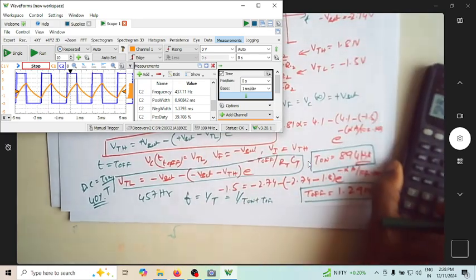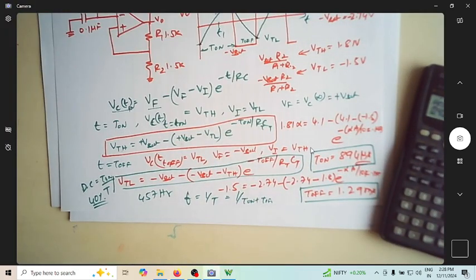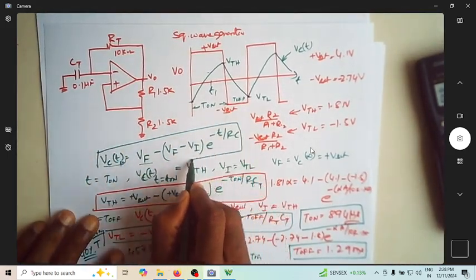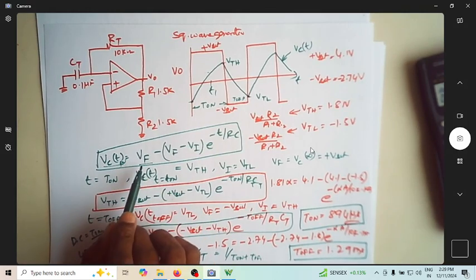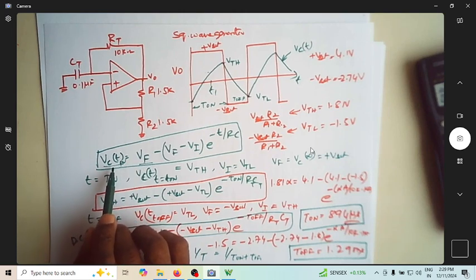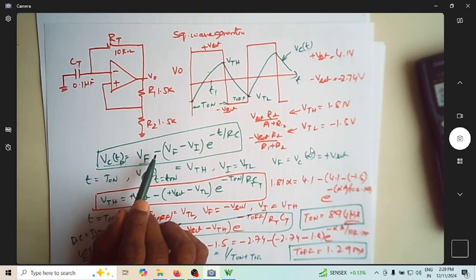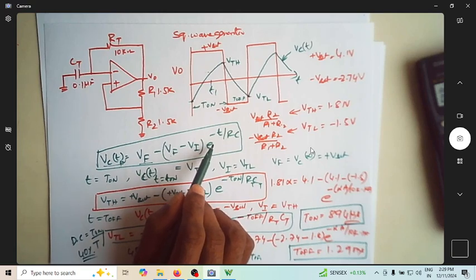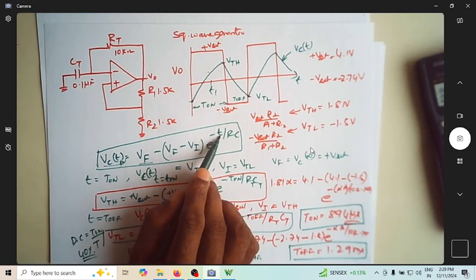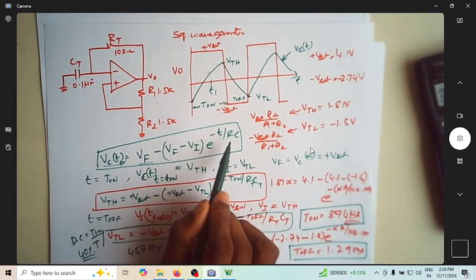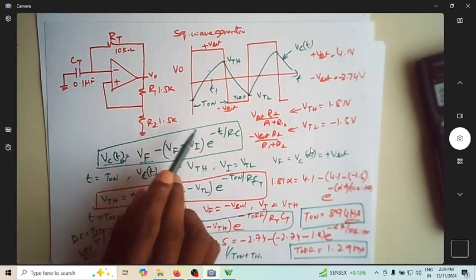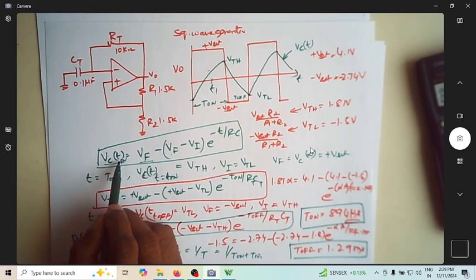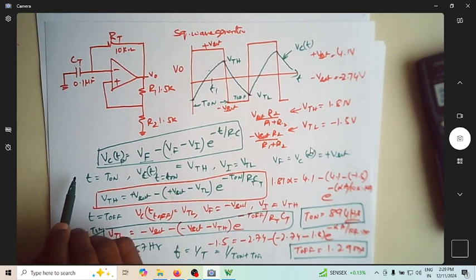Let me just repeat what we have done. We have used this expression for the capacitor voltage, which is a general expression: capacitor voltage at any time is given by final voltage minus initial voltage into e to the power of minus t by RC, where t is the time of interest, R is the charging resistor, C is the timing capacitor, and Vc of t is the voltage of the capacitor at any given time.